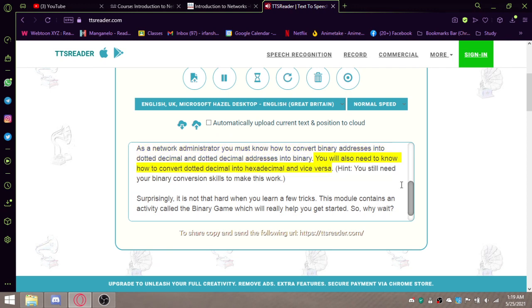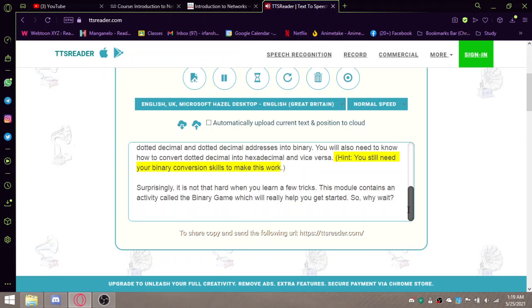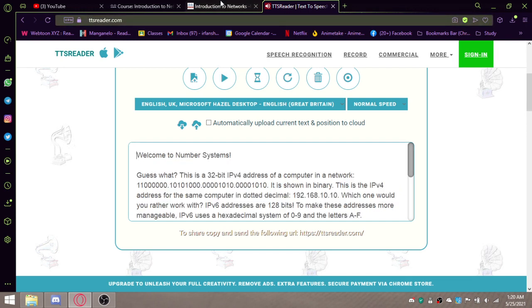You will also need to know how to convert dotted decimal into hexadecimal and vice versa. Hint, you still need your binary conversion skills to make this work. Surprisingly, it is not that hard when you learn a few tricks. This module contains an activity called the binary game, which will really help you get started. So, why wait?